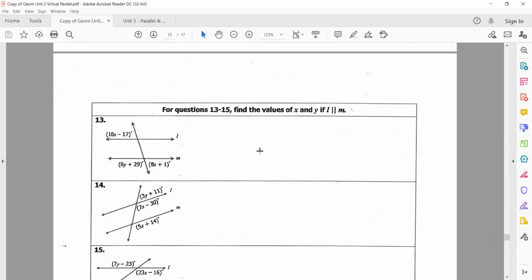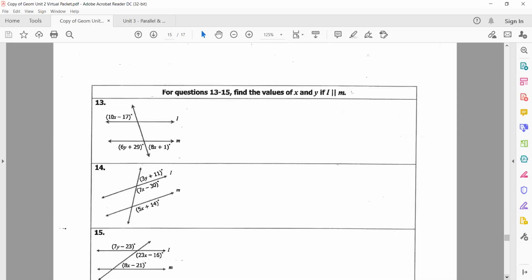But this is just a different way to present the same kind of problem to you. For these questions, it says, find the values of X and Y if lines L and M are parallel. How would you approach this? Anybody have any ideas on how to solve problem number 13?